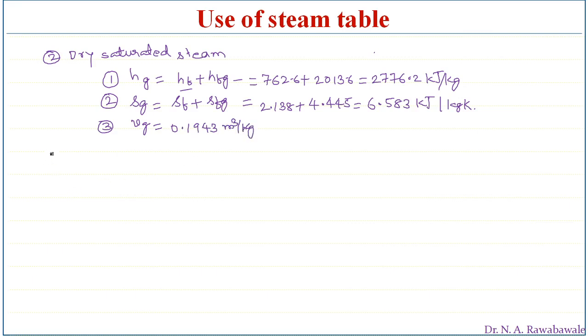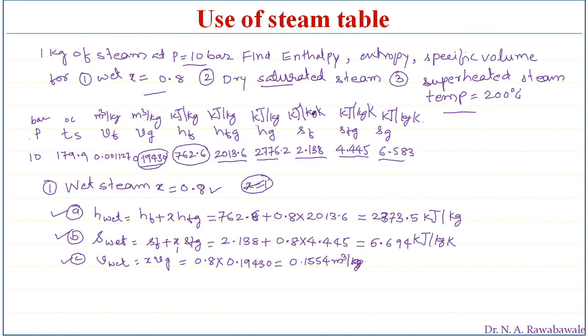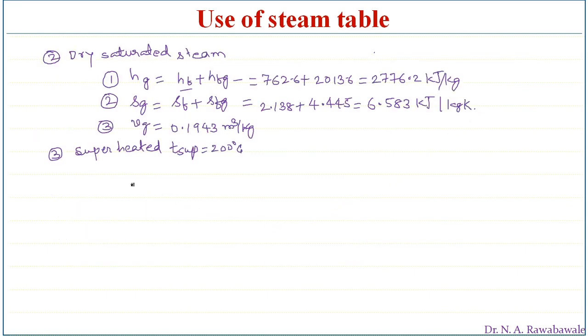So now third case is given as steam is superheated steam. Steam is superheated with a temperature of superheated steam T sup is 200 degrees Celsius. So in this problem itself it is given that steam is superheated. So if steam is superheated, then how to find out enthalpy, entropy, and specific volume of superheated steam, that we will see here.